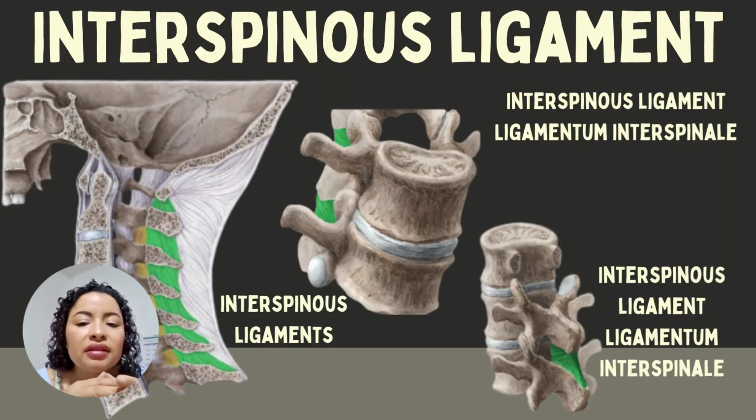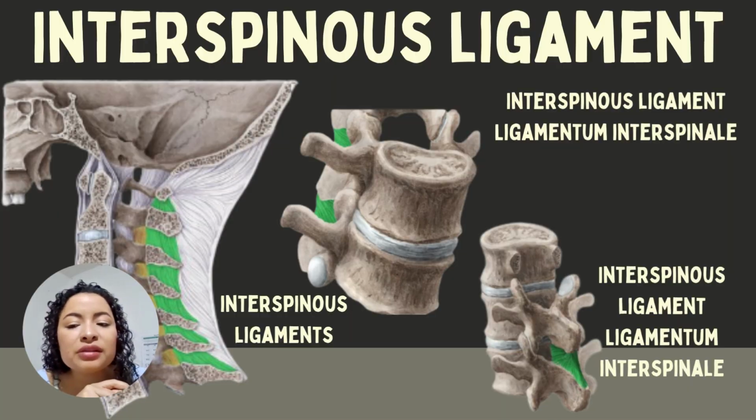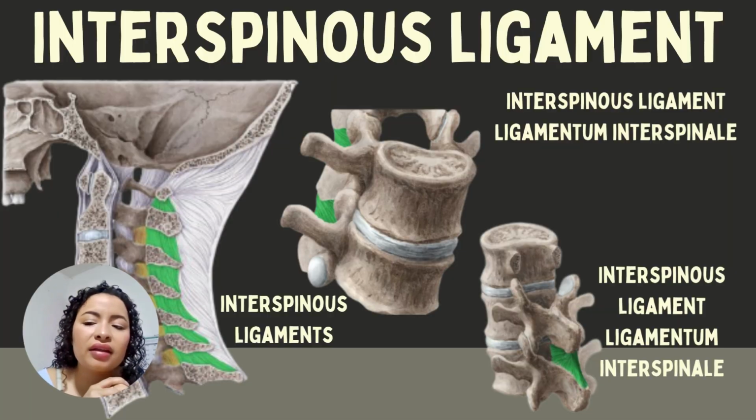The nuchal ligament extends from the external occipital protuberance of the skull to the spinous processes of the seventh cervical vertebra, and joins with the supraspinous ligament. The supraspinous ligament is a long band that connects the ends of the spinous processes.